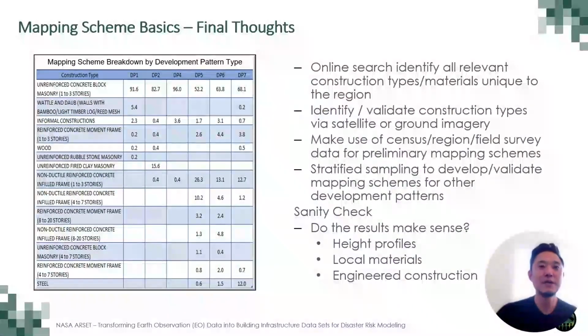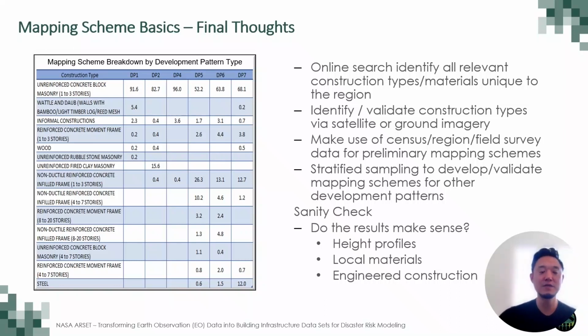So that was a summary on how we come up with the development patterns and how we create the mapping schemes unique to that development pattern. Just a few things in summary. First, do an online search, identify all the materials, all the structural types that are typical in that region. Once you have those, go through Google satellite view, ground imagery, make sure you can find those and validate that those assumptions are correct.